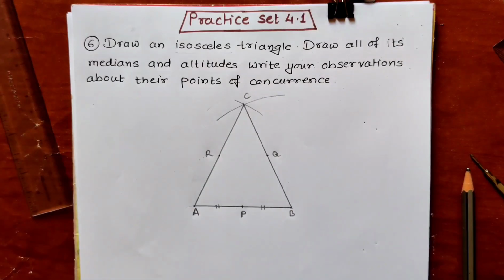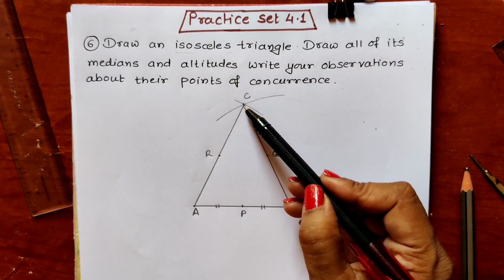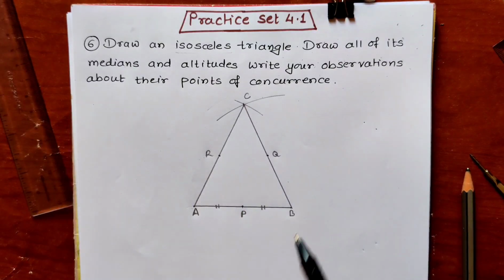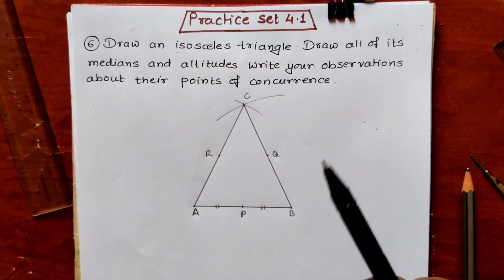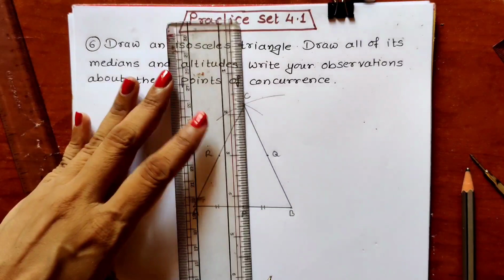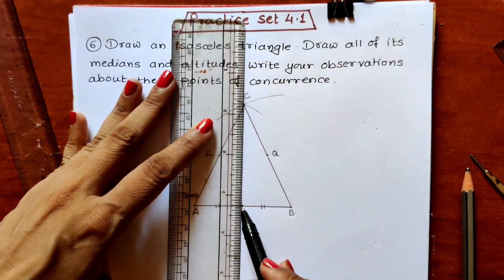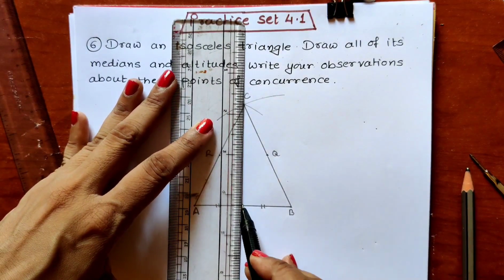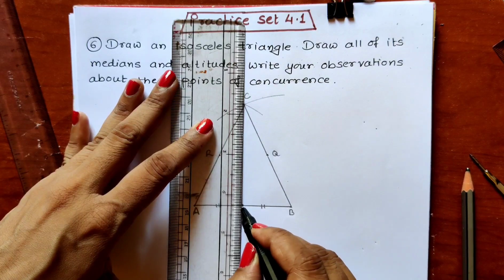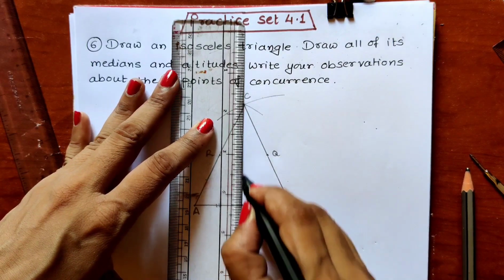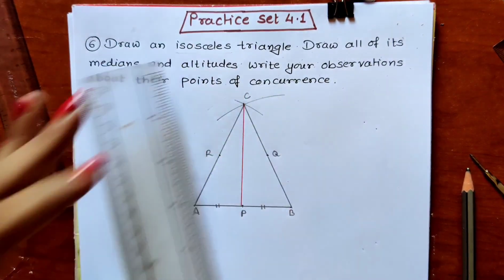Median means, as we all know, the segment which joins the vertex and the midpoint of the opposite side. I will use my red color pen to show the medians. This is my median CP.